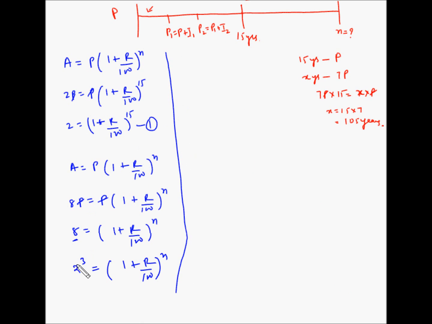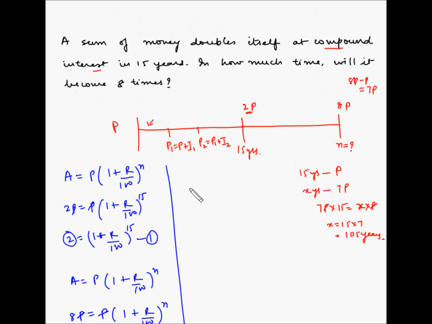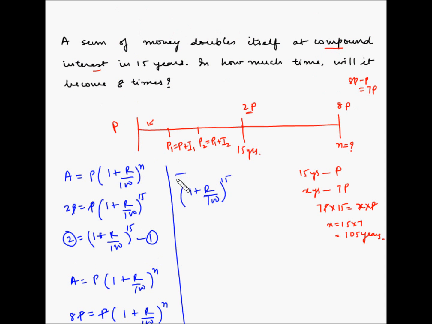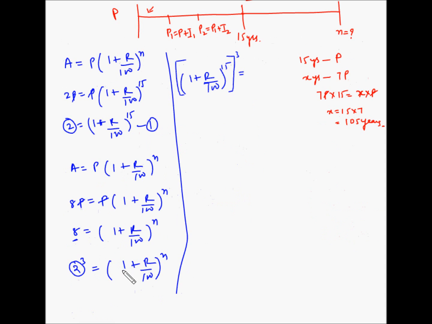So 2 can be replaced with this formula because 2 is equal to (1 plus R by 100) to the power 15. So here we can say (1 plus R by 100) to the power 15, and then cube. So this cube, [(1 plus R by 100) to the power 15] cube, is equal to (1 plus r by 100) to the power n.